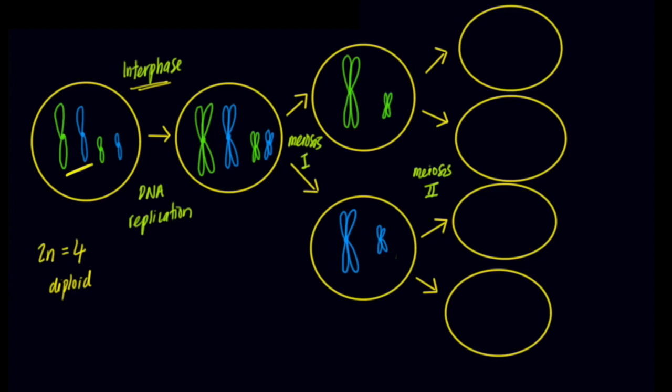Now they had crossing over, so it's a green chromosome with a little bit of blue and a blue chromosome with a little bit of green. Most importantly, one homologous chromosome goes to one cell, and the other homologous chromosome to the other cell. So this is the end of meiosis 1. We'll continue with meiosis 2 in the next video.